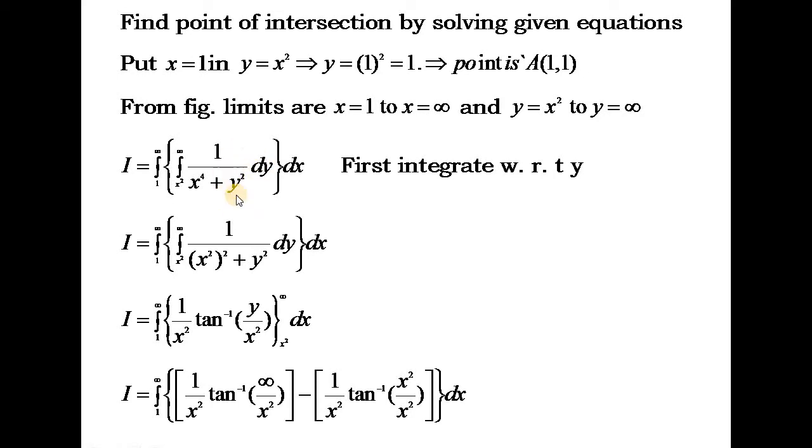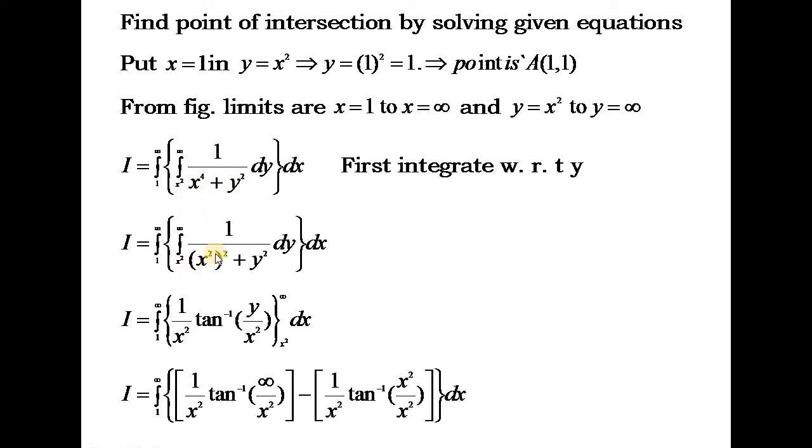First integrate with respect to y. Outer integration limits 1 to infinity as it is, dx as it is. With respect to y integration, x is constant, so x raised to 4 is x square, square. x is a constant, so x square constant, x raised to 4 constant.